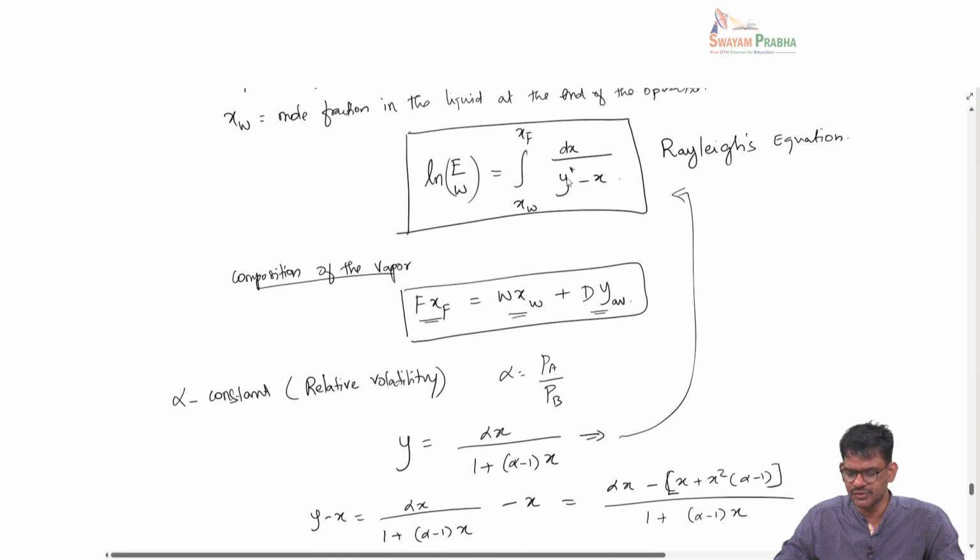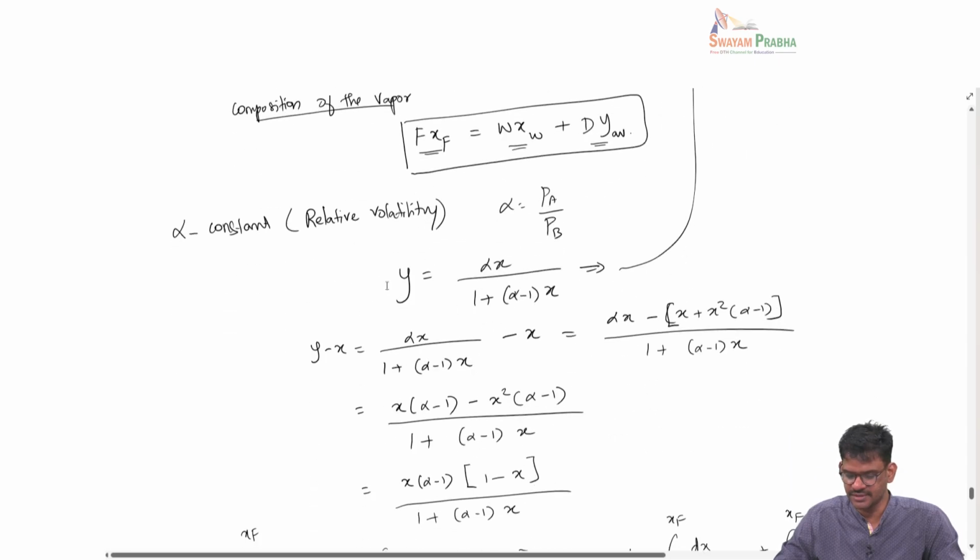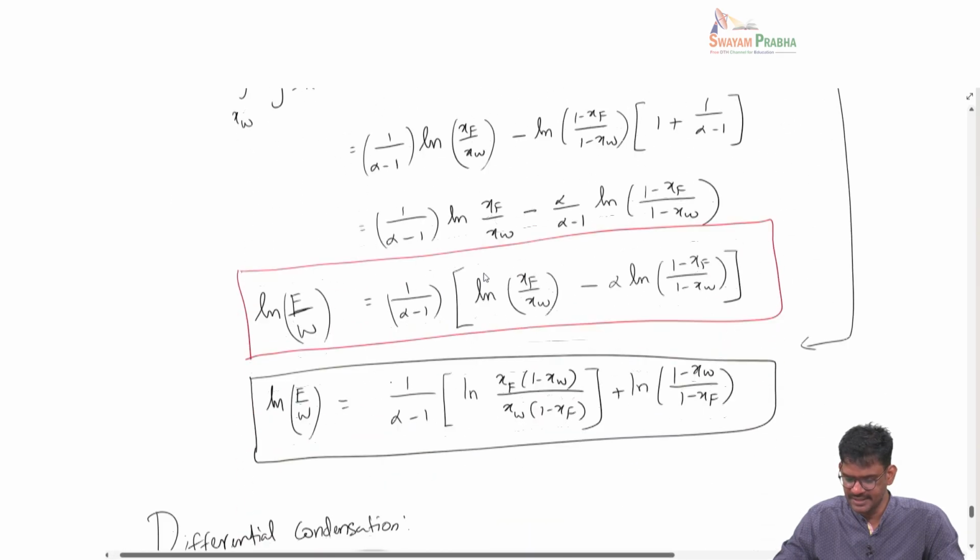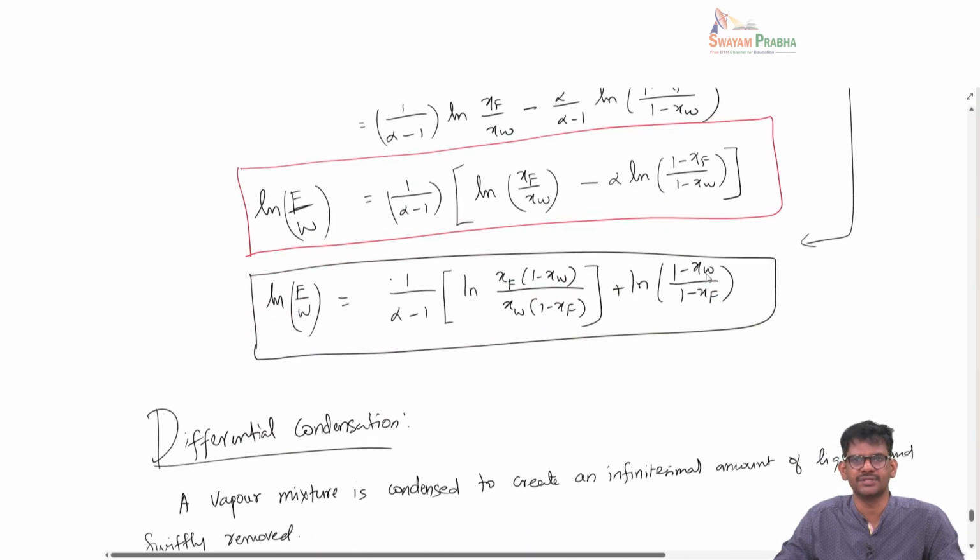And then it also involves VLE data, and we said that we can get an analytical expression if I can relate y as a function of x using a constant relative volatility, and that basically yields this set of equations. So you don't need to do it graphically, you don't need to do it numerically. This equation is simple enough to use. Typically most of the things will be given and one of the things will be unknown. That's what you have to find out.